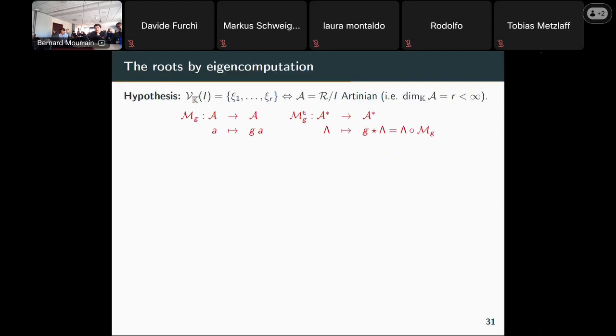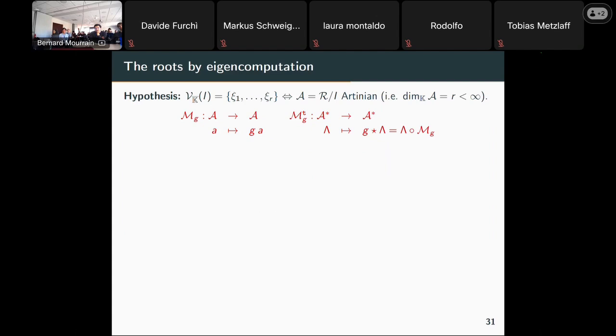Okay, so now in dimension n, the same story. We consider here an ideal I in a ring of polynomials in n variables R, such that the solution set of I is finite over the algebraic closure, which means that the quotient R modulo I is finite dimensional.